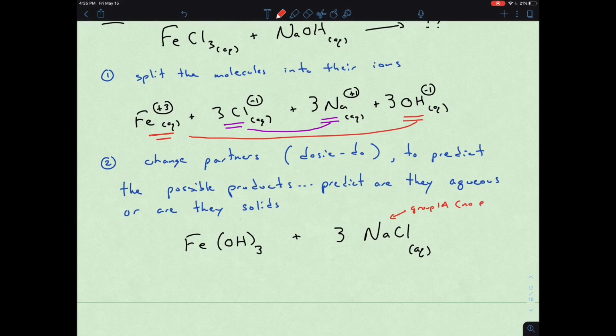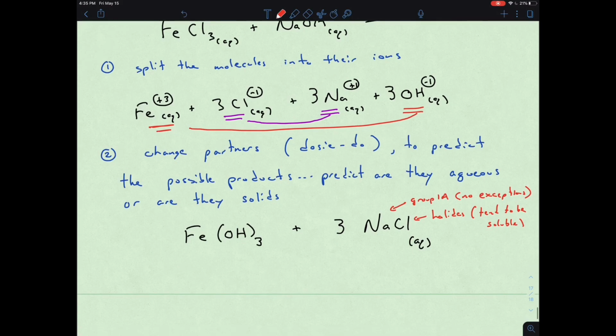Remember, there's no exceptions. Halides tend to be soluble as well, but it's paired with a group 1A metal, so that's definitely going to be very soluble. And if we look at the ferric hydroxide, we find that hydroxides are insoluble. And so that's why we would predict that we have a solid ferric hydroxide.